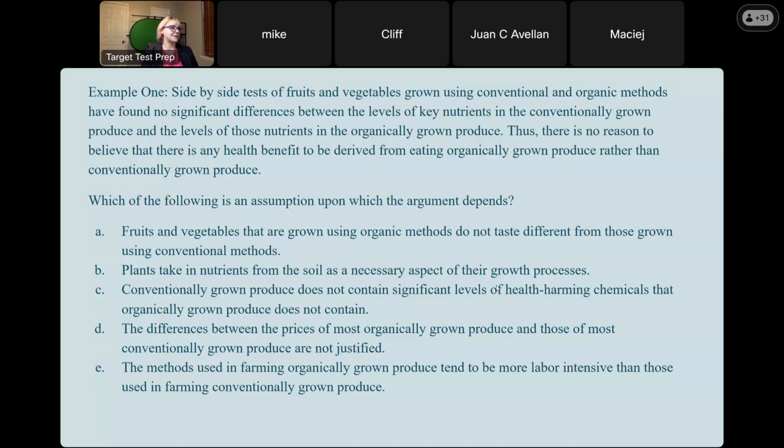But that is why this is an assumption that links the conclusion to the premise. Does that make sense? Any other questions, or are we ready?